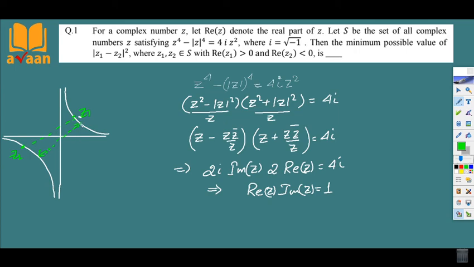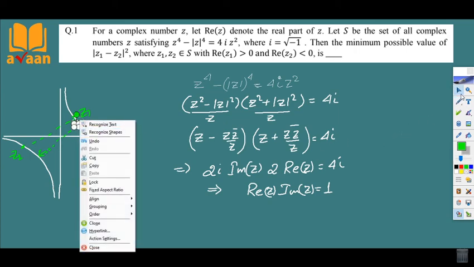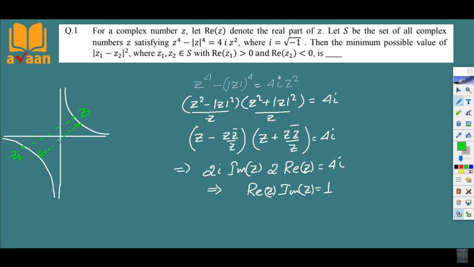Now if I take this point by observation as (1, 1), which is very easy for a JEE Advanced aspirant to understand, this length is coming out to be root 2. So obviously mod of z1 minus z2 is double of it, and the whole square is (2 root 2) square, that is 8. So the answer to the first question should be 8.